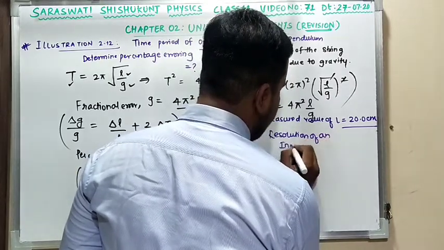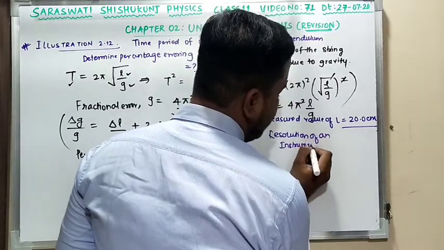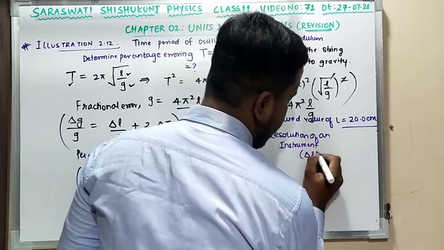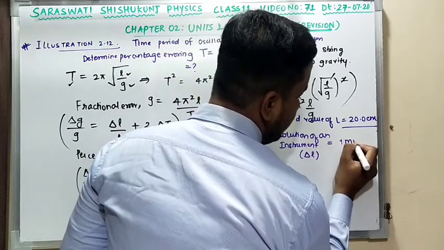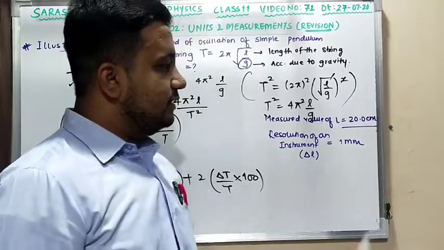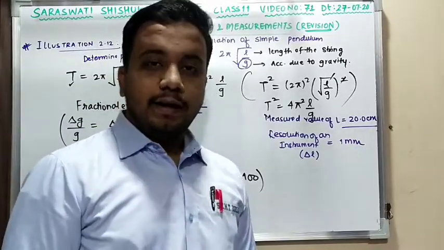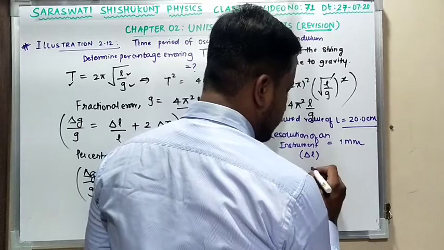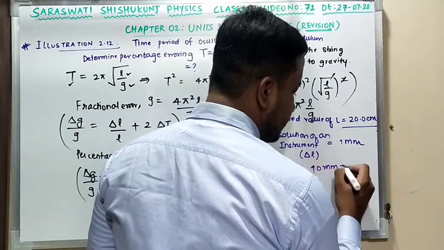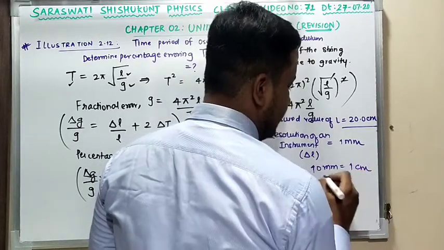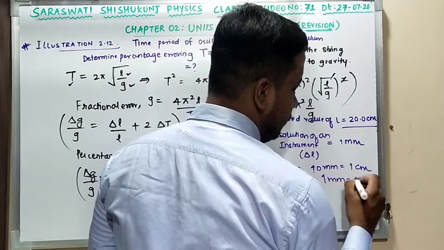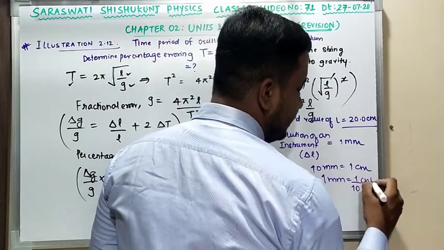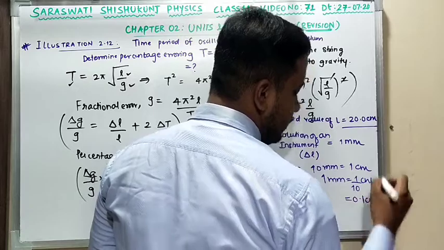The resolution of an instrument is nothing but delta L, and it is found to be 1 mm. Now see, one is in centimeter and another is in mm. We need to convert it into centimeter. We know the conversion: 10 mm is equal to 1 centimeter. So 1 mm is equal to 1 by 10 centimeter, that is 0.1 centimeter.